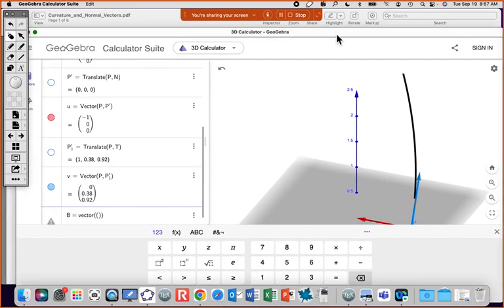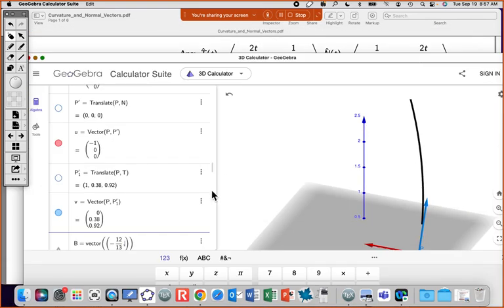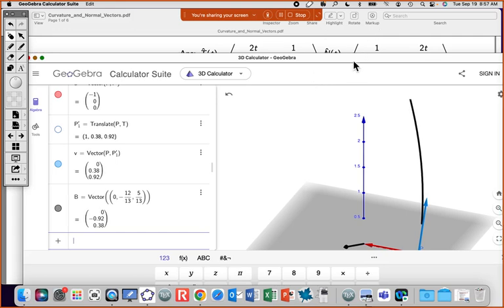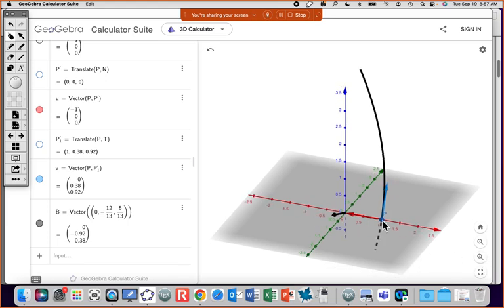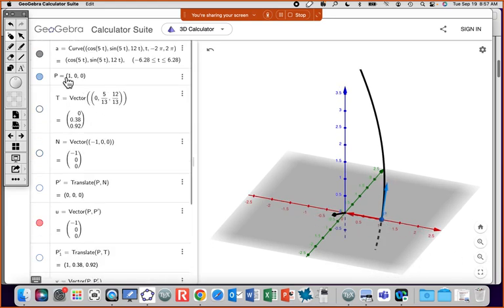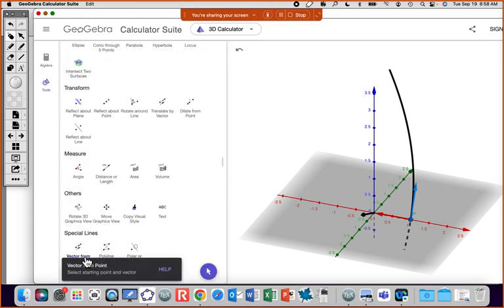That would be 0, minus 12 thirteenths, and 5 thirteenths. There we go. And once again, we want to see b here starting at the point P. So we'll go up to our tools, scroll down to vector from point. So we'll pick the point, we'll pick the vector. There it is.